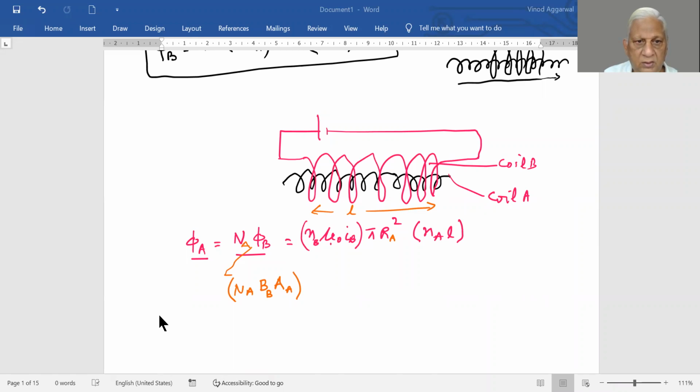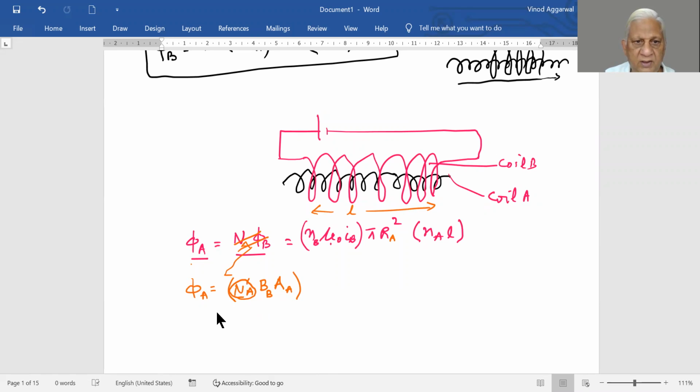a small correction. This will not be so. Flux through A is defined as the total number of turns in A multiplied by the magnetic field through it. This magnetic field through coil A will be the same as the magnetic field through B, because there is no restriction. So the magnetic field will be the same as what was in coil B, and its own area.